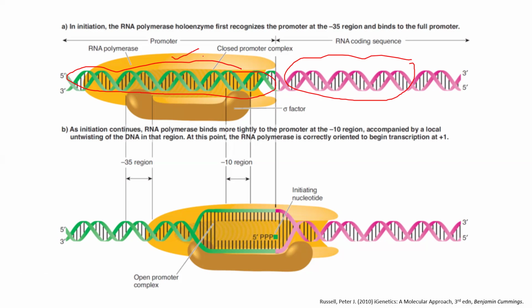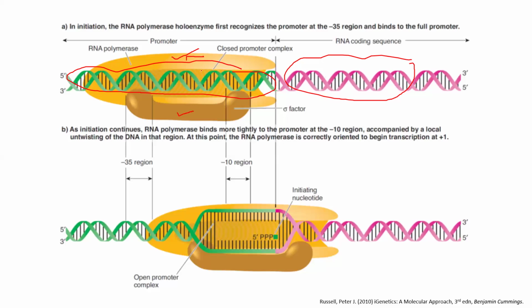This part is the RNA polymerase core enzyme having the alpha, alpha, beta, beta prime, and omega subunits. It's a multi-subunit enzyme as we have seen in the previous lecture. And this is the sigma factor. Sigma factor along with the core enzyme makes this a holoenzyme.